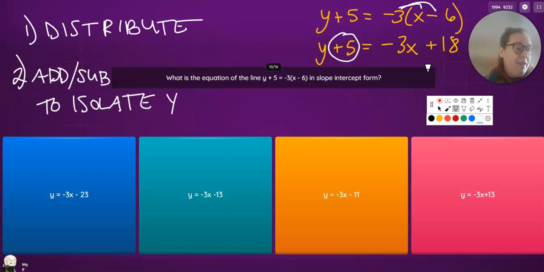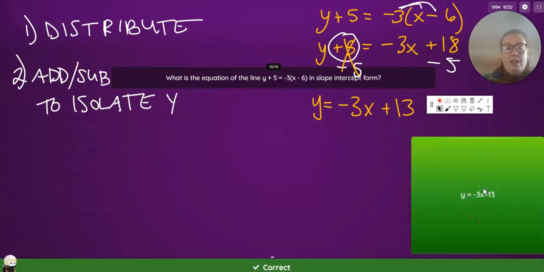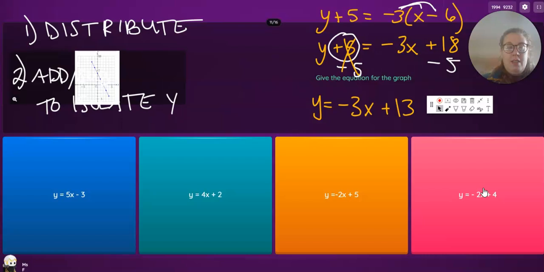Because we have a positive 5 here, to get rid of it, we are going to subtract 5 on both sides. So then we get y equals a negative 3x. 18 minus 5 is plus 13. Negative 3x plus 13. Go ahead and click that. Okay. Let's look at the next one.